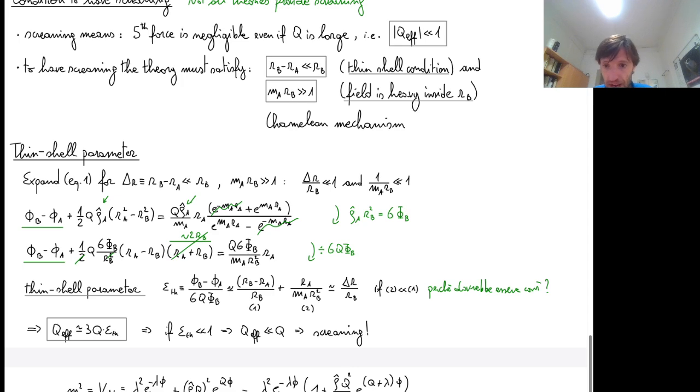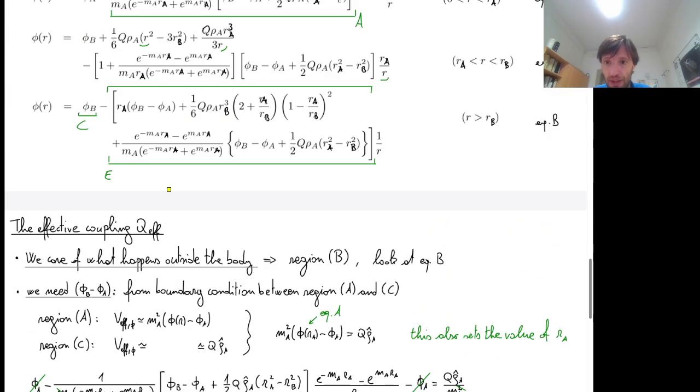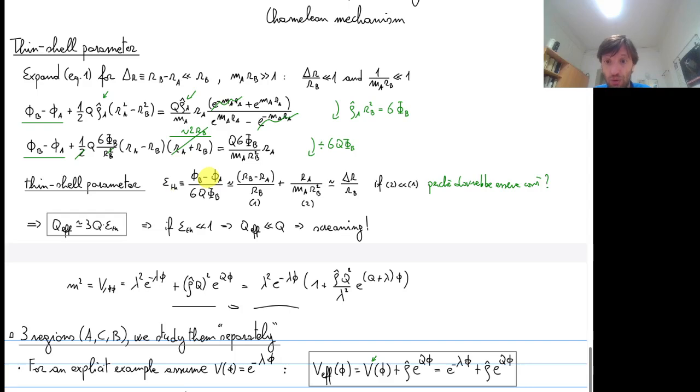With this expression, you see we have our phi A and phi B. We can plug it into our expression here, using the approximation that we mentioned, and we obtain this effective coupling term, Q effective, which is proportional to the thin shell parameter.